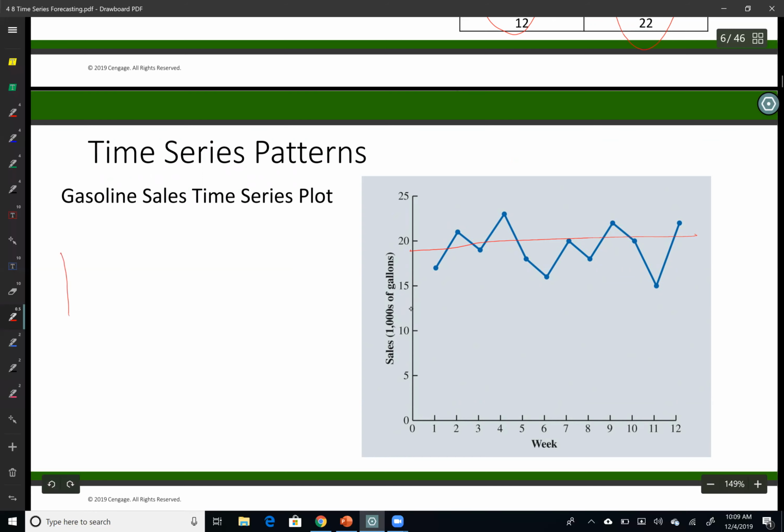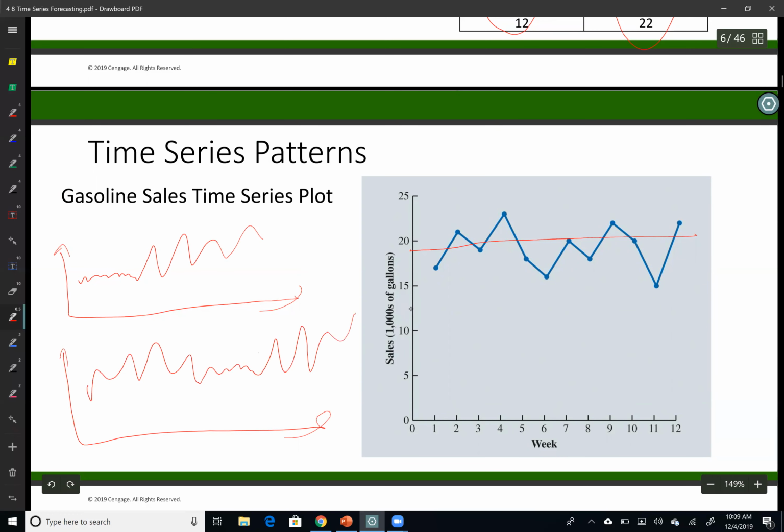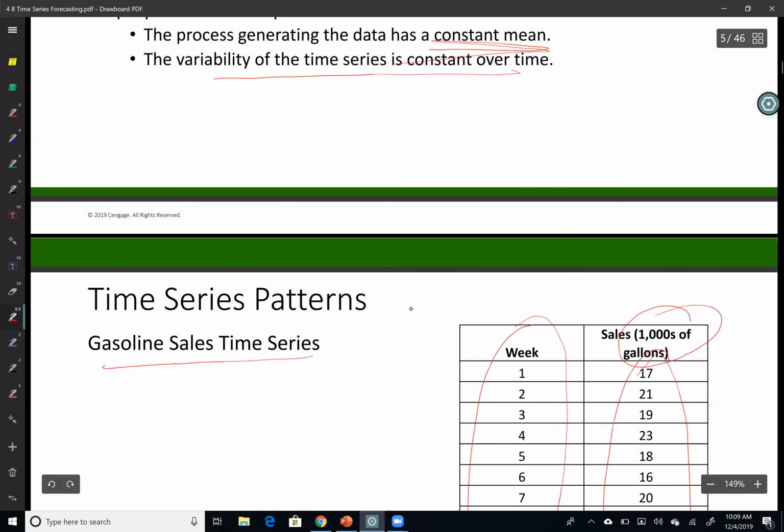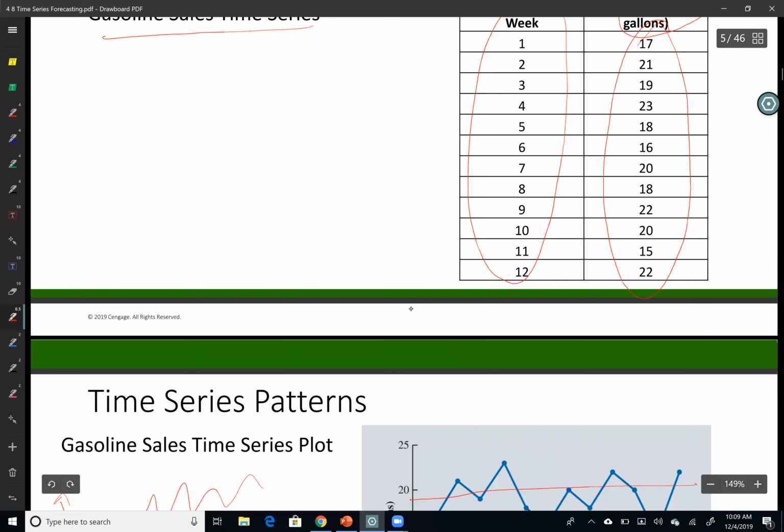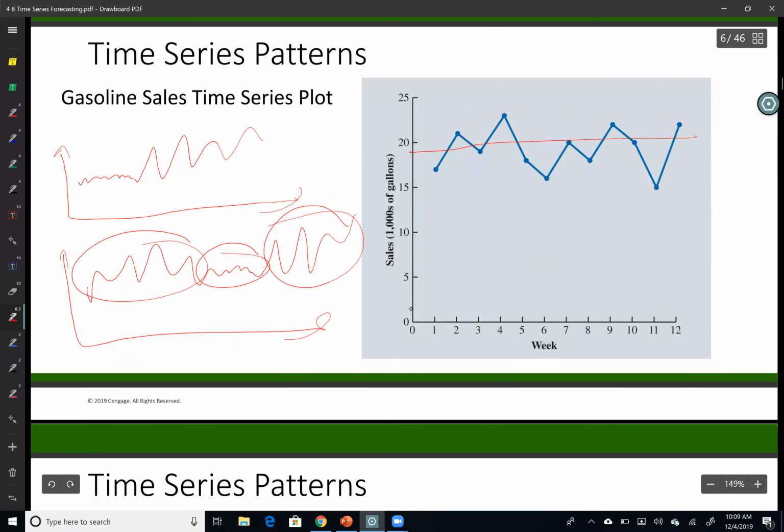What I mean by that again is that variation is not like small and then huge, or huge and small, huge, and so on. So this would be an example of a stationary time series.